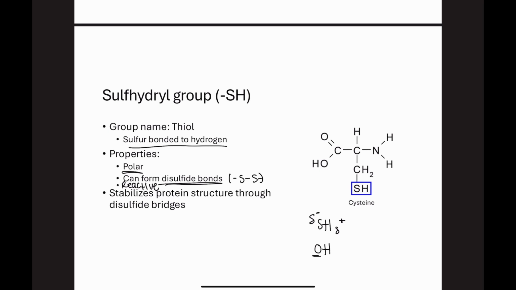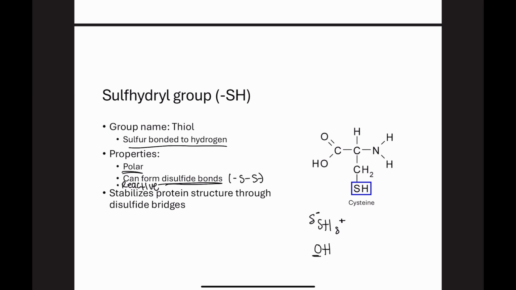So we could say that a key role of our sulfhydryl groups is in the formation of these disulfide bridges, and it actually occurs between residues that we find inside of proteins, and the covalent bonds that it forms are crucial for the maintenance of the tertiary and quaternary structure of proteins, and it stabilizes their folding shapes.